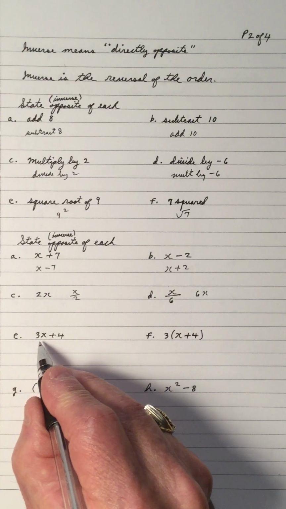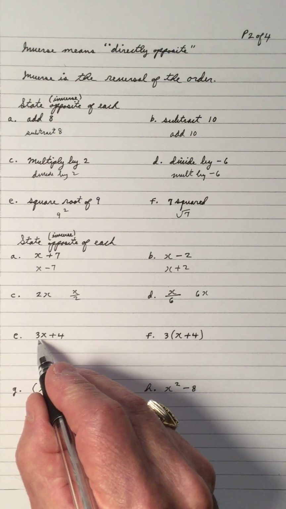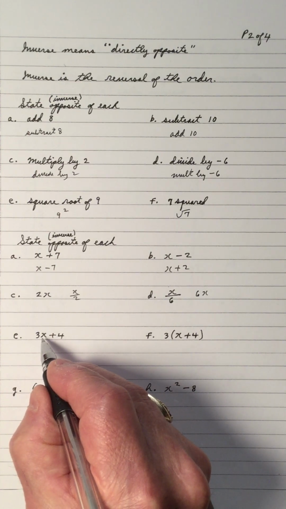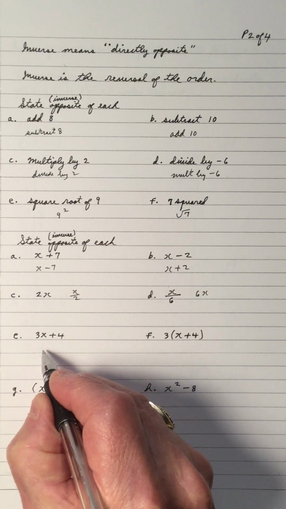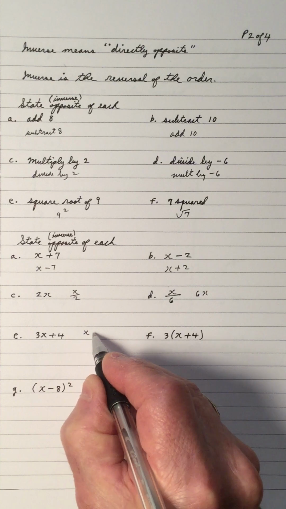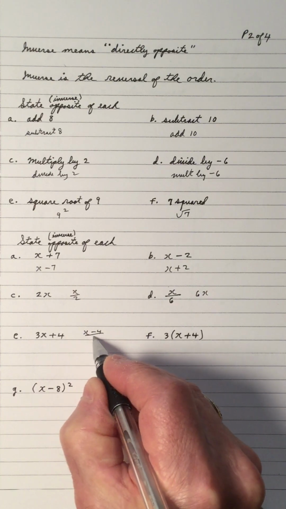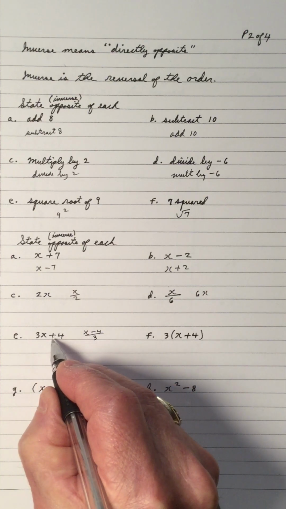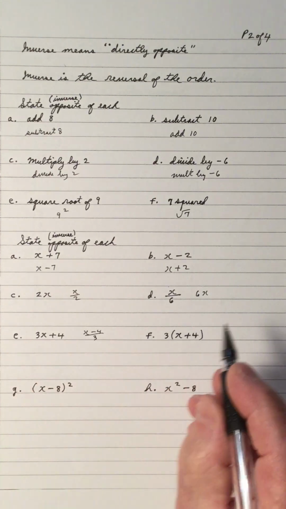Now here we want to get the opposite or the inverse of 3x plus 4. So if I wanted to solve this for x, I would subtract 4 and then divide by 3. So the opposite is subtract, divide.